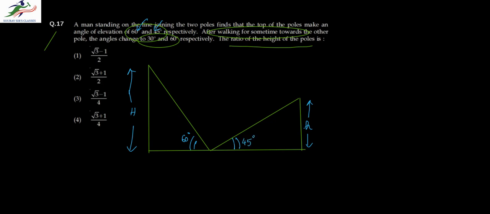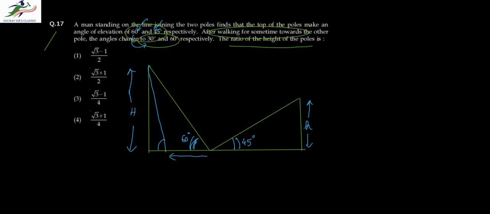And then he moves towards one of the poles and the angles change. The first angle was 60 and it changes to 30, which means the angle is decreasing. Now if he starts walking towards this pole, the angle will increase further, more than this angle. So therefore he is walking towards the other side.